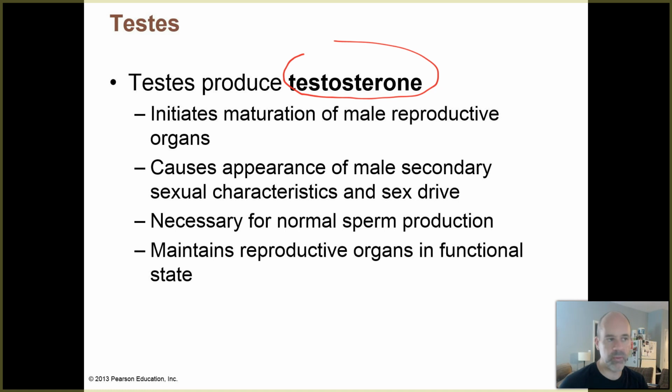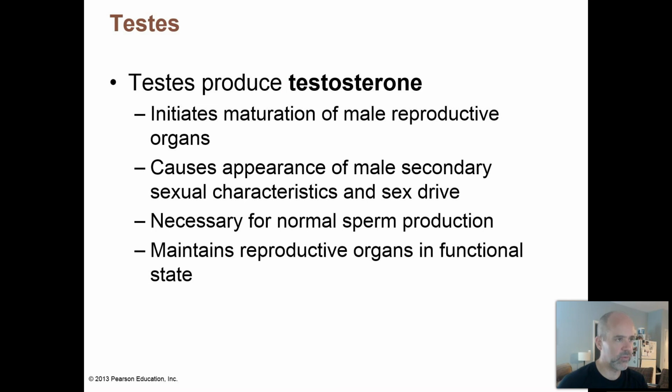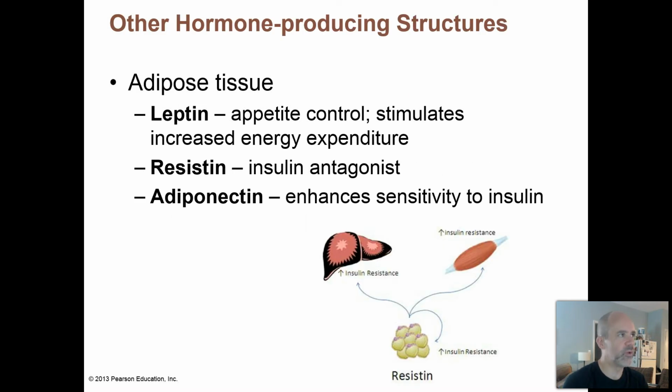It's also important for sperm production. For right now, we're just hitting some of the highlights here. We're going to hear a lot more about estrogen and HCG and all of these different hormones toward the end of the course. Just want to introduce those to you now.